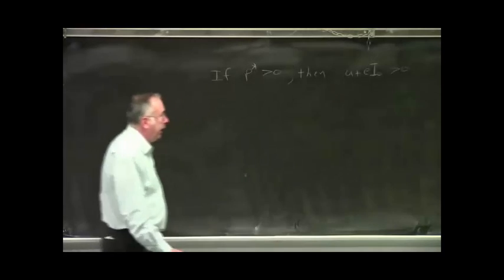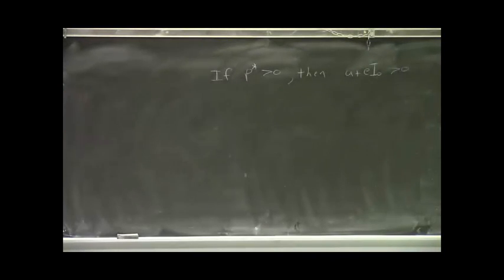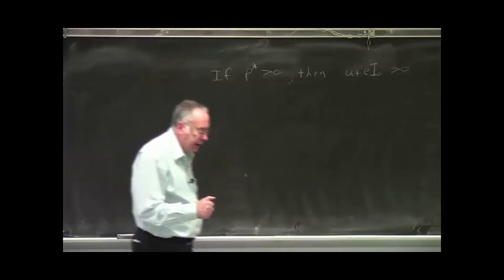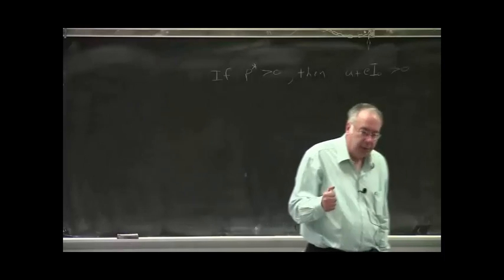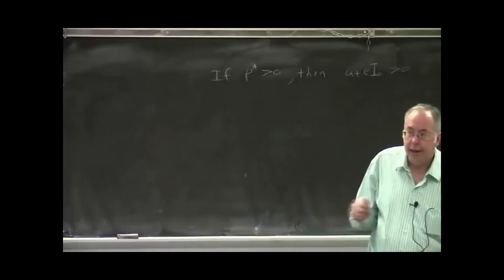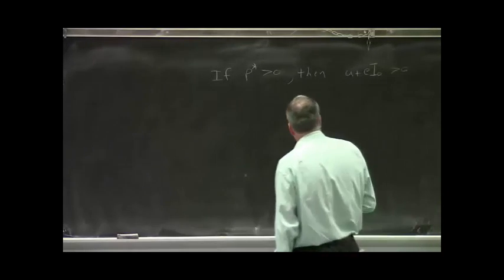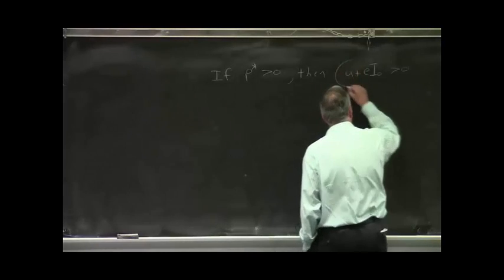Even though E is negative and I is positive, it must be the case that A plus E I 0 has to be positive in order for the equilibrium price to be positive. So for this market to exist, the price, of course, has to be positive. Can't have a negative price. So we'll assume this as well.